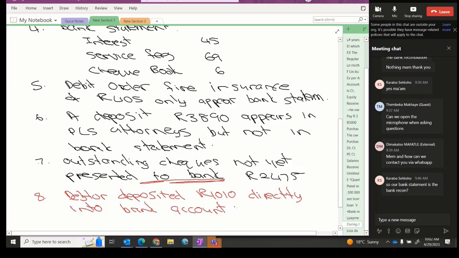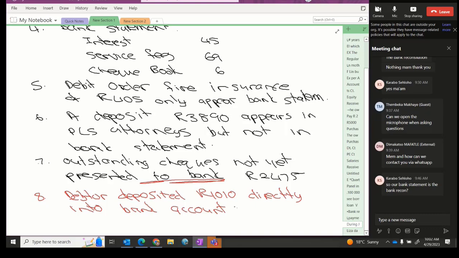Okay, I'll come back to your question now. I just want to show you here a different one. Here, the debtor is obviously someone that owes you money. He went to the bank and he paid directly into the bank, 1,100. So obviously that money is showing in your bank statement, but it's not appearing in your books, because you didn't know about this person paying you money if you only saw it now in the bank statement.